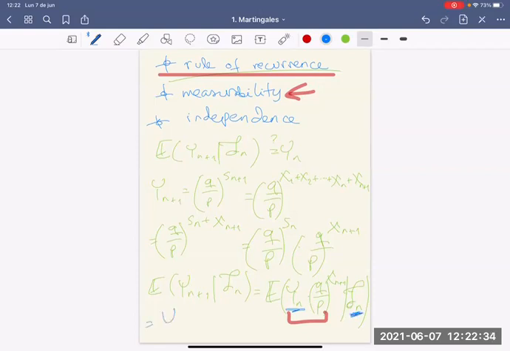So we can write just yn by means of measurability, right? And then just multiply this by all this information given Fn. And that's it, right?